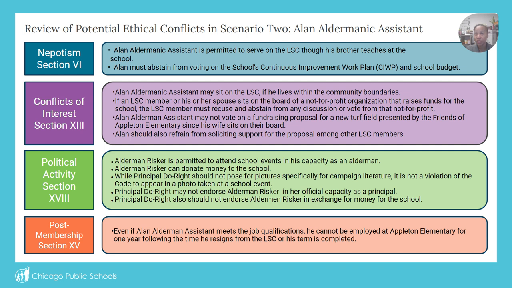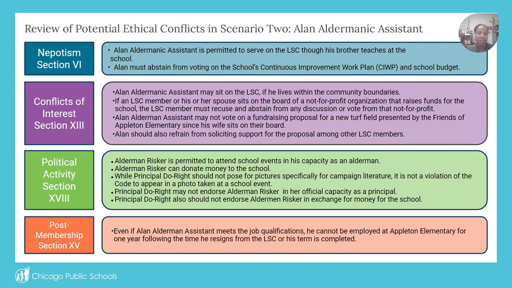So Alderman Risker is permitted to attend school events in his capacity as alderman. That's a natural thing that aldermen do. They support their school communities. Alderman Risker can also donate money to the school. Also very natural. However, while Principal Do-Right should not pose for pictures specifically for campaign literature, it's not a violation of the code if he appears in a photo taken at a school event.